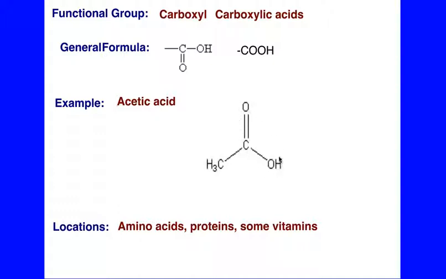Okay, so be careful, when we're doing practice examples, not to circle this and call it a ketone and then circle this and call it an alcohol, because they're both attached to the same carbon. They have to go together, and that would make that a carboxylic acid. And again, we find these a lot in proteins or amino acids, which are the building blocks for proteins, and some of your vitamins as well.